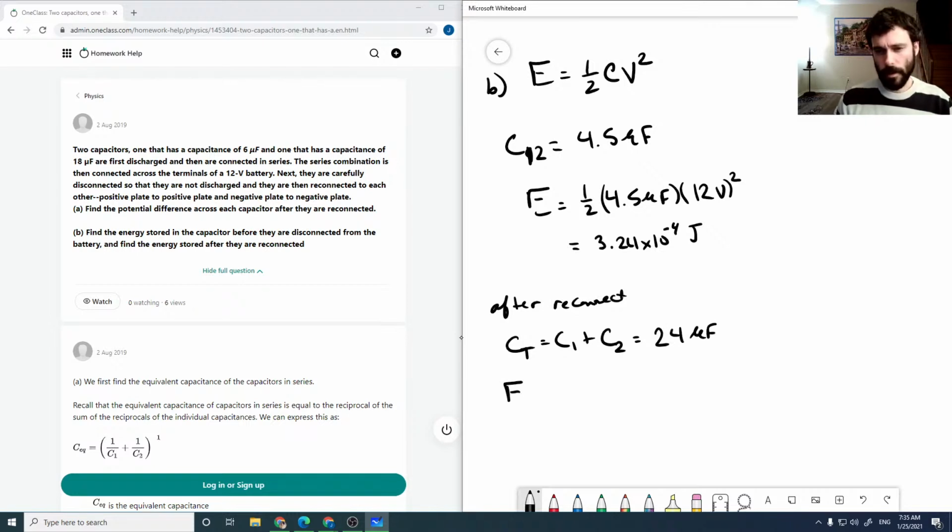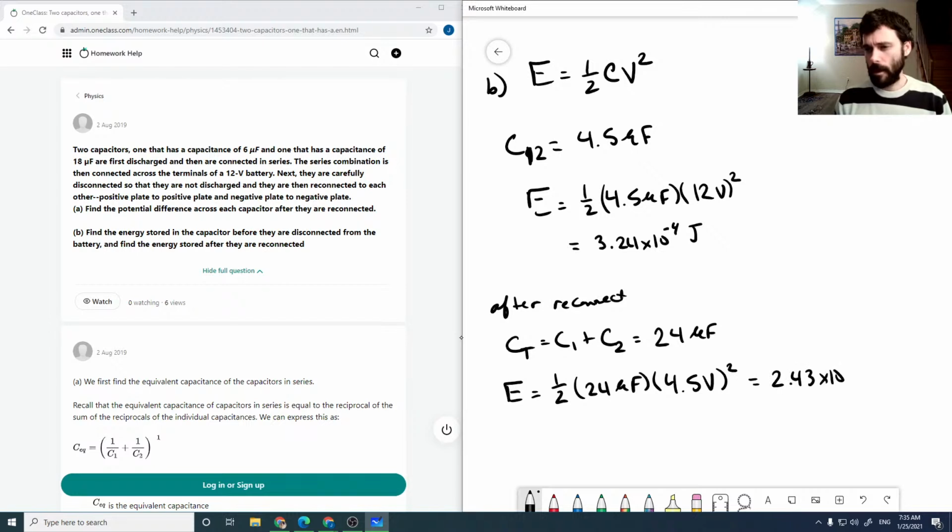And so our energy is a half times 24 microfarads times the voltage we solved for, which is 4.5 volts squared, which comes out to be 2.43 times 10 to the minus 4 joules.